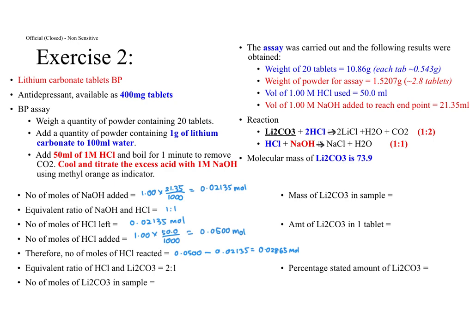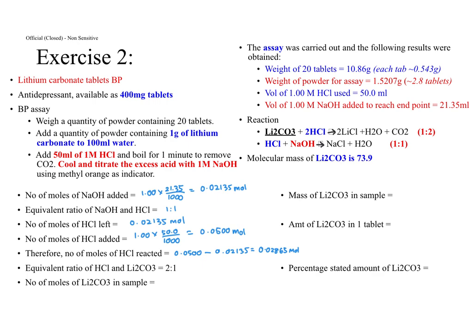So we have 0.02865 moles. So since we know that it took 0.02865 moles to react with the lithium carbonate in the sample, we can use this to find the number of moles of lithium carbonate in the sample. Let's take a look at the reaction between lithium carbonate and HCl. 2 moles of HCl react with 1 mole of lithium carbonate.